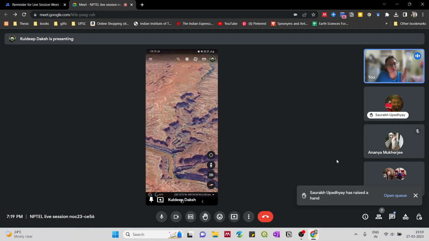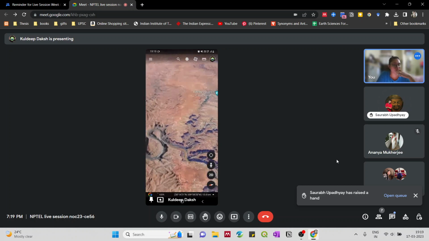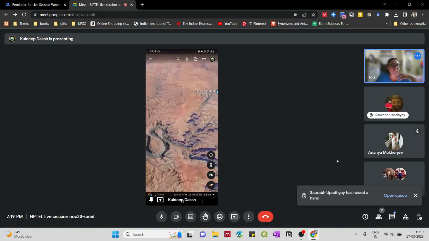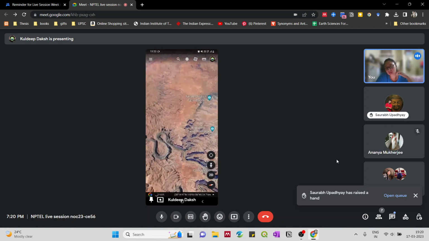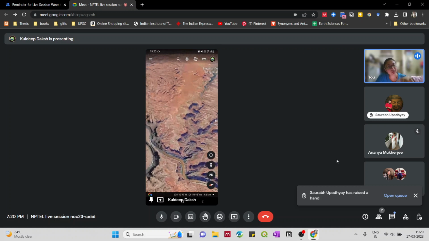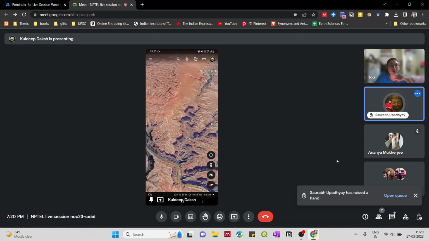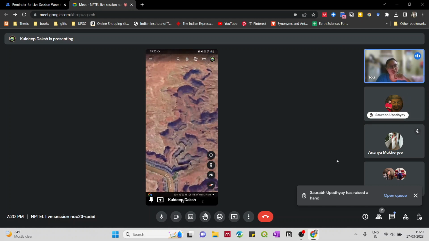The fluvial system has cut through these rocks and formed canyons. Dunes are made up of sand, not rocks. What we saw as yardangs can be hard rocks because they are erosional features. Depositional features by wind are usually sand only.